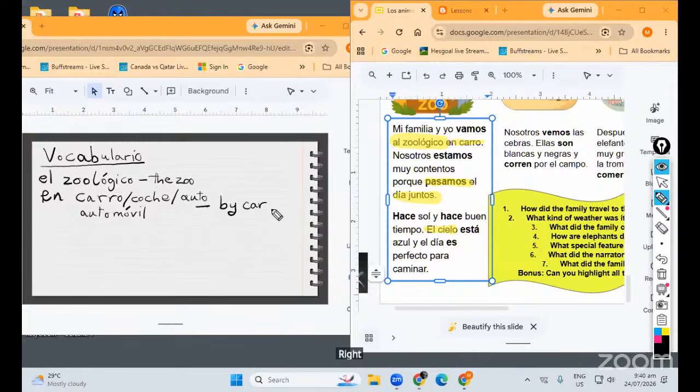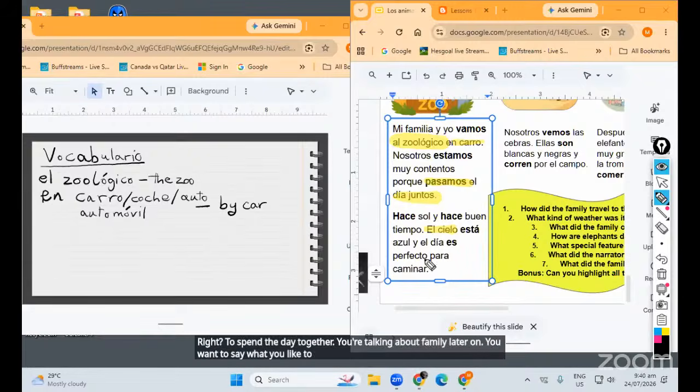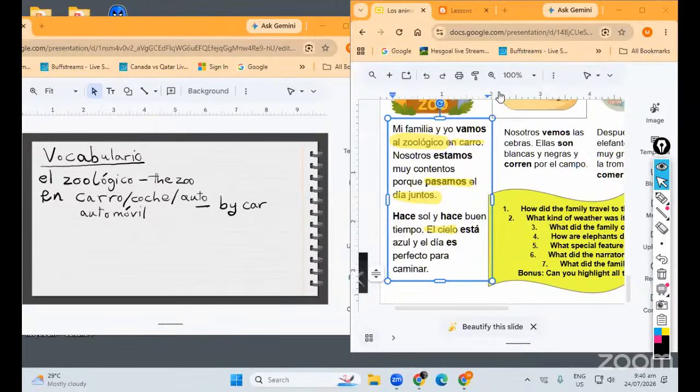To spend the day together, you're talking about family later on. You want to say what you like to do. You might want to say, well, we like to spend the day together. So we could say, pasar el día juntos, right? To spend a day together.